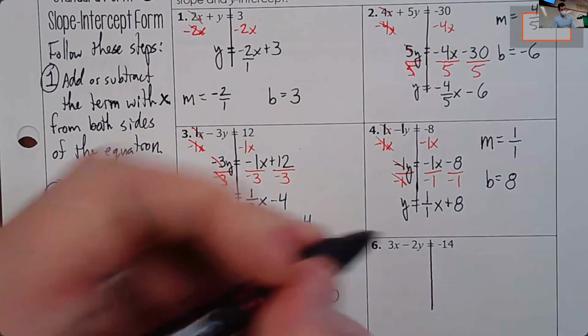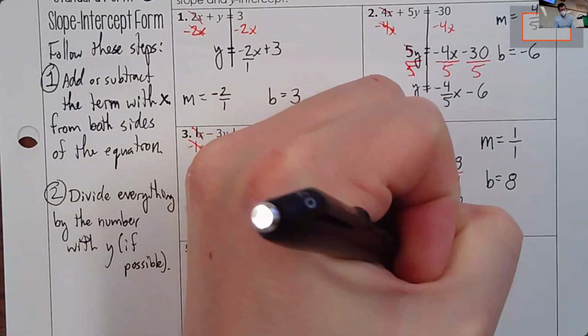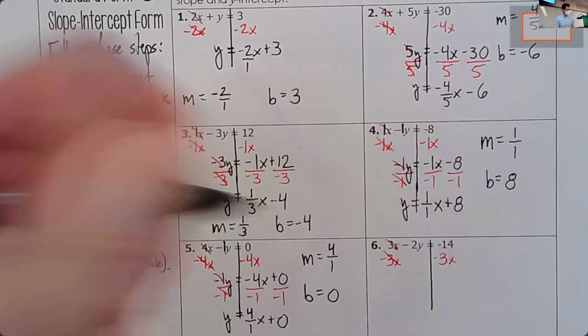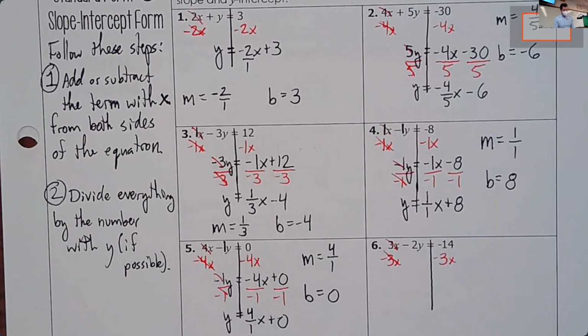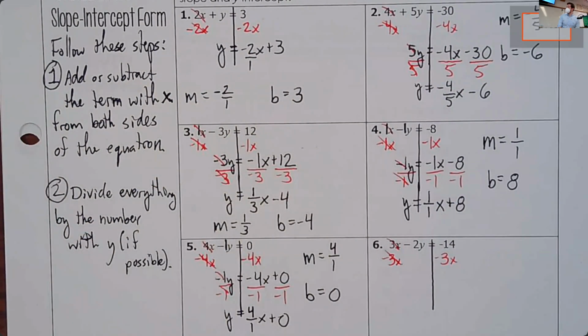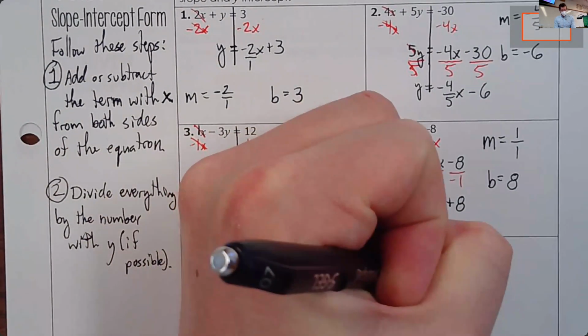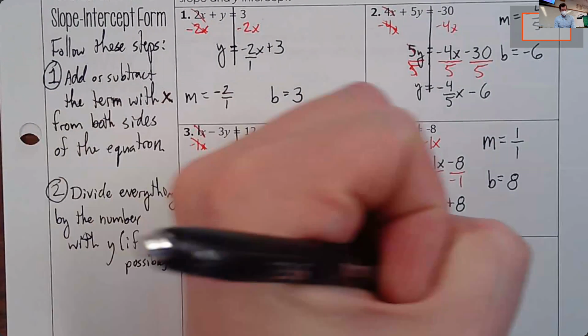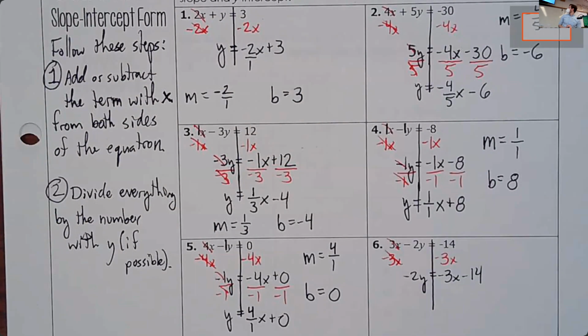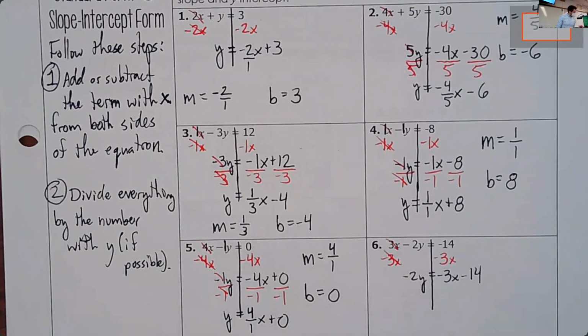Yeah, so subtract 3x from both sides. Good. So minus 3x, minus 3x. That'll get rid of the 3x's on the left, which is what we wanted. And then we're going to have negative 2y equals negative 3x, write the term with x first, minus 14. We still have a number next to the value of y, which means we got to do something else.